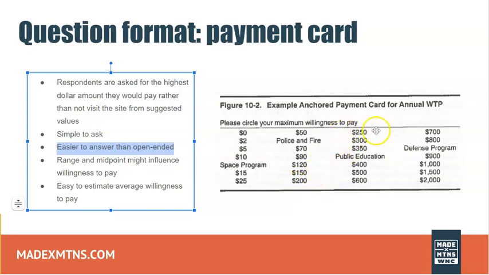So the number in the middle of that range might be chosen more often than you would expect. And again, it's easy to estimate average willingness to pay. You can add up the numbers that are circled and then divide by the sample size, or you can do some other similar statistical approaches.